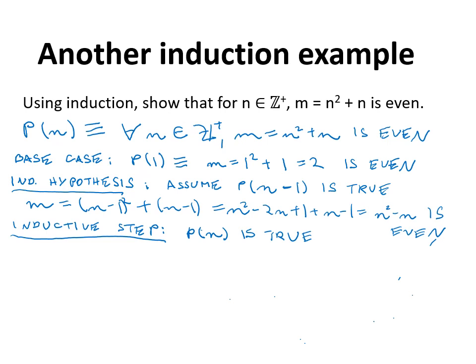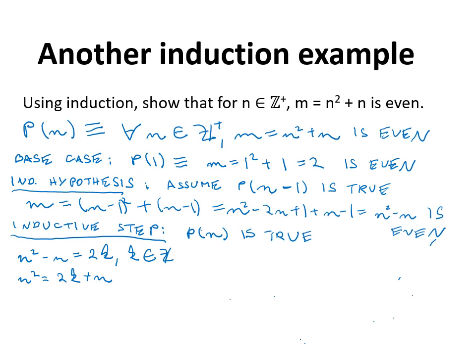So from the inductive hypothesis, we know that n squared minus n is equal to 2k, where k is some integer. How do we know this? Well, because we know that n squared minus n is even from the inductive hypothesis. So now if we rearrange this a little bit, we get that n squared is equal to 2k plus n.